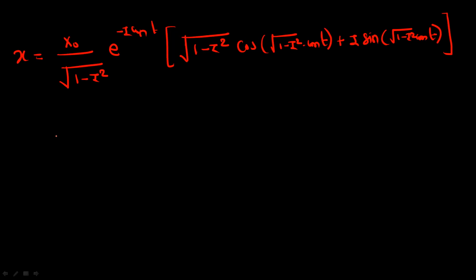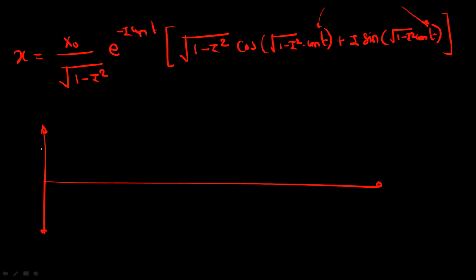Now this waveform, if you plot this by taking various values of time, then you will observe this is the initial displacement, which is x0. This is a constant. So x0 can be 1 centimeter, 2 centimeter. From this, if you release the mass and allow it to oscillate, then it will oscillate like this.